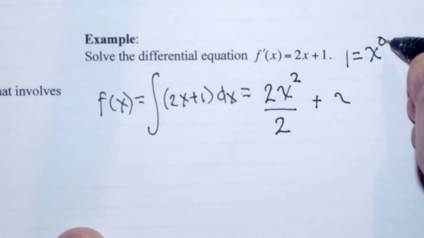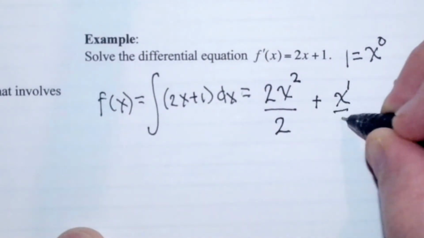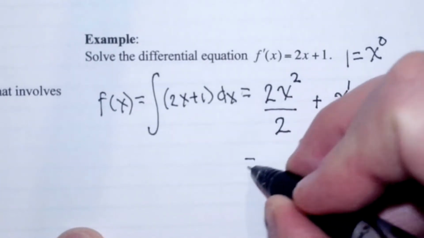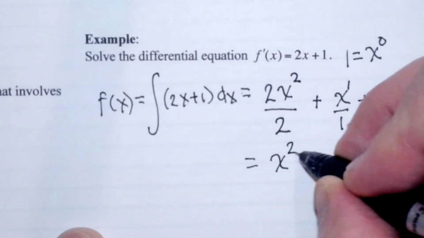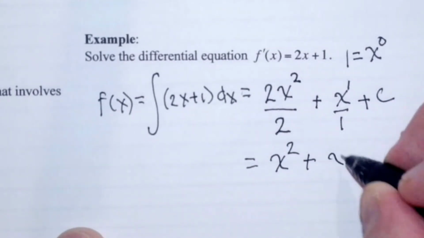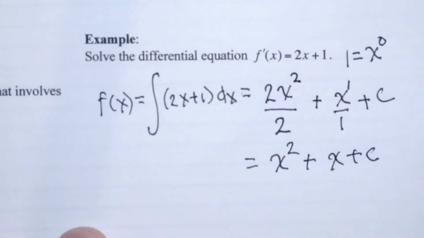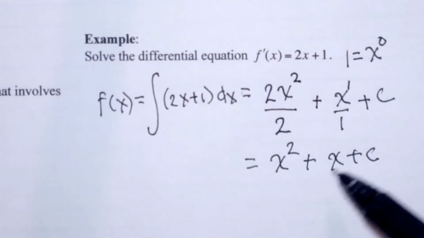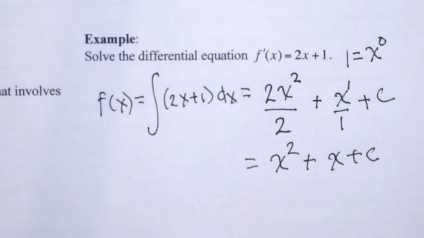And if it's x to the 0 power, you'd add 1 to the power, divide by the new power. Throw on a plus c. And let's clean it up a little bit. And that looks to be our solution. So, is f prime of x actually equal to 2x plus 1? Well, if you differentiate, you get 2x plus 1. Looks like it's right.